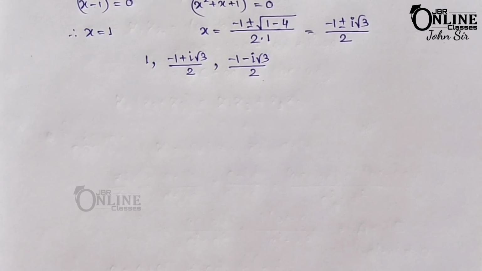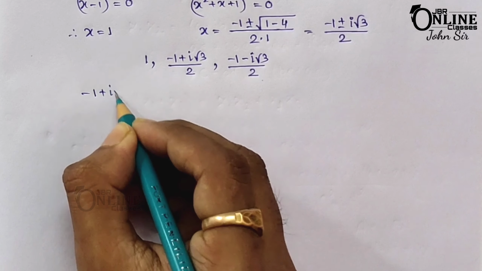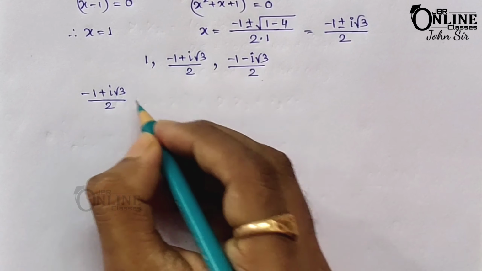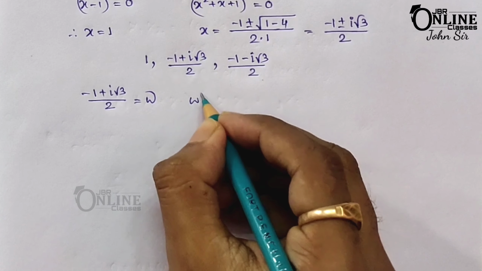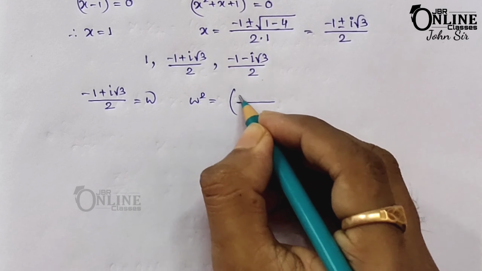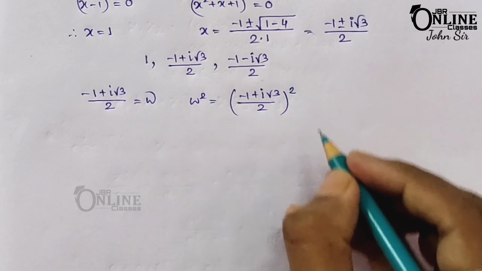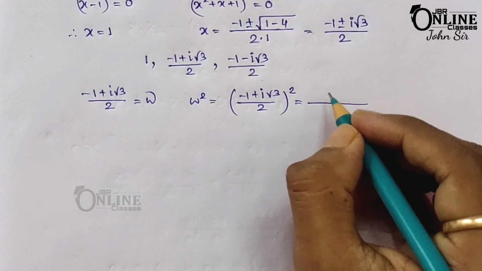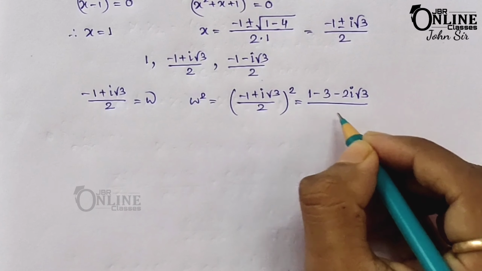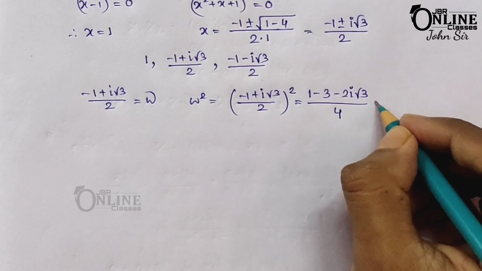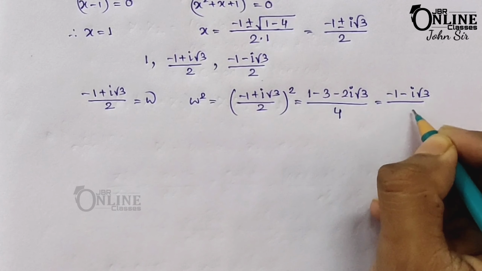Now if you take minus 1 plus i root 3 by 2 as omega, that looks like w. Then omega square will be (minus 1 plus i root 3 by 2) whole square. Here you can apply the square formula: (1 minus 3 minus 2 i root 3) by 4, and from that you can easily write minus 1 minus i root 3 by 2.